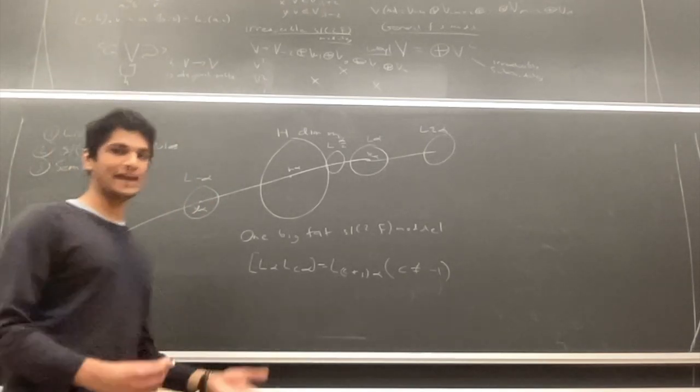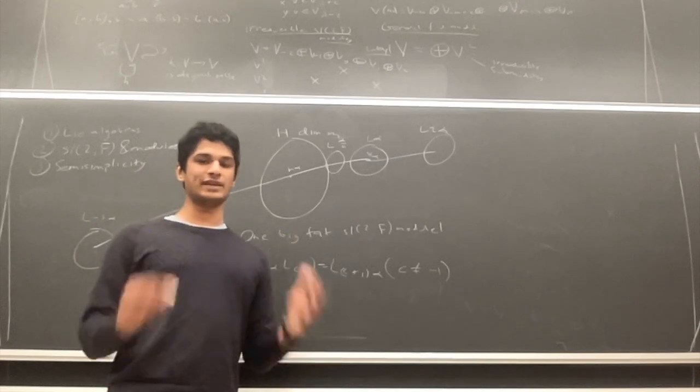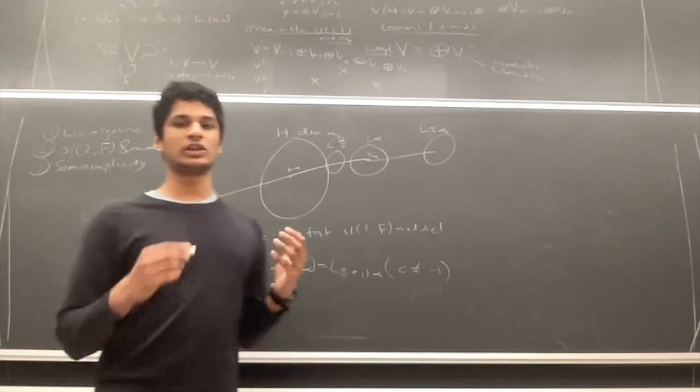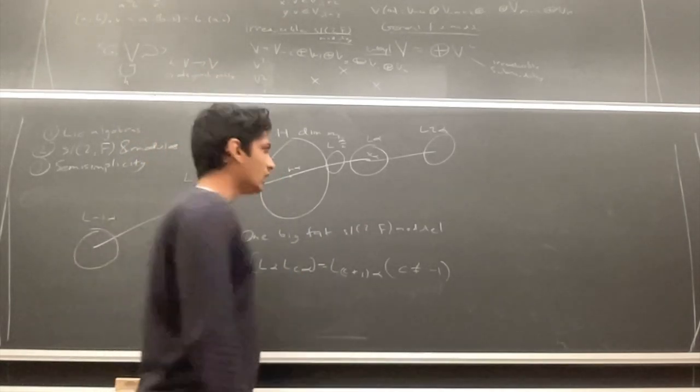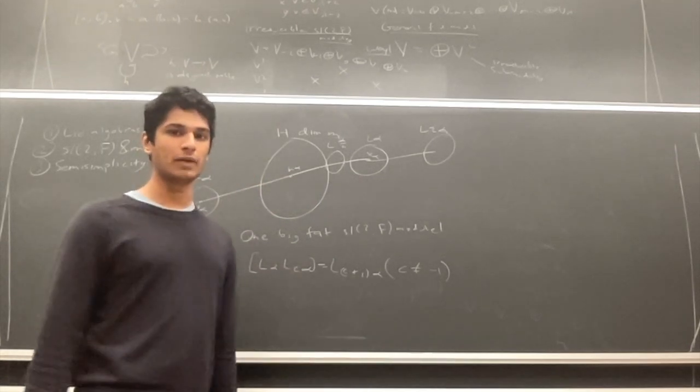So since it's a big sl2F module, but finite dimensional, we can use our weight spaces theory from earlier. Because we're looking at a general module, we'd like to look at the irreducible pieces. There's going to be a couple places where irreducible things pop up.